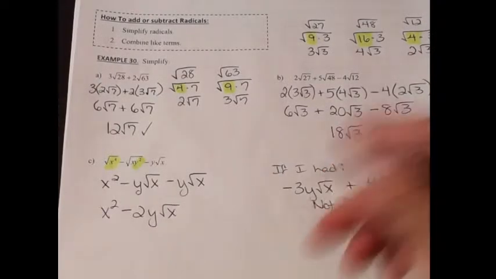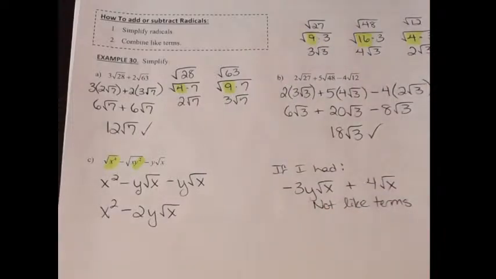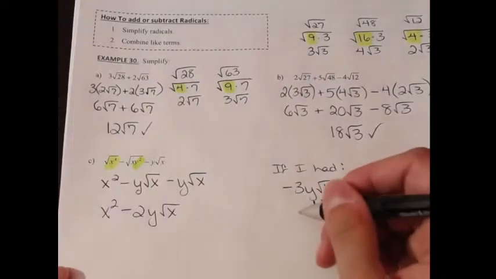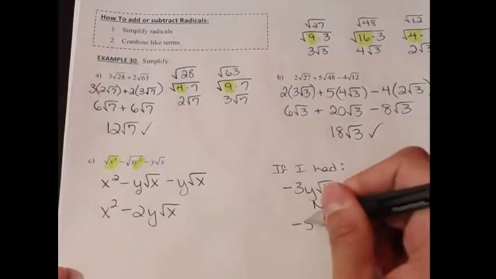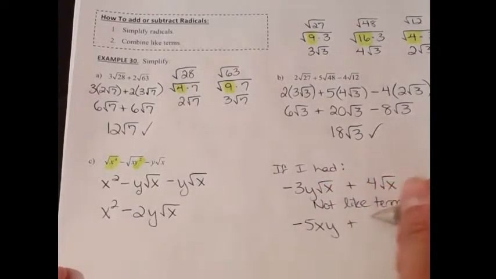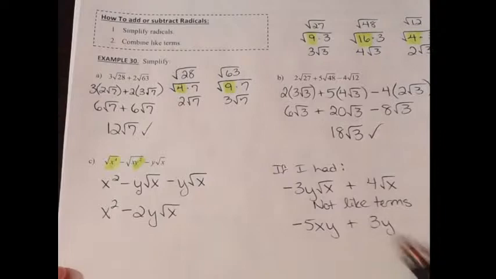For instance, before when we were just looking at polynomials, if you had negative 5xy plus 3y, these are not like terms. You would not be combining these. So that idea does not change when we introduce radicals. We want to be very careful.